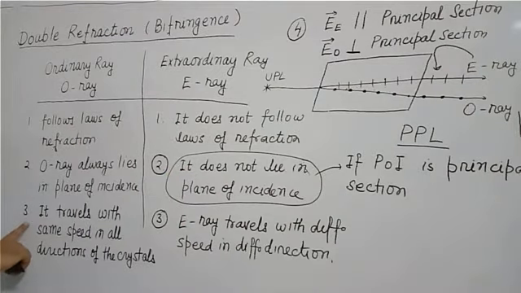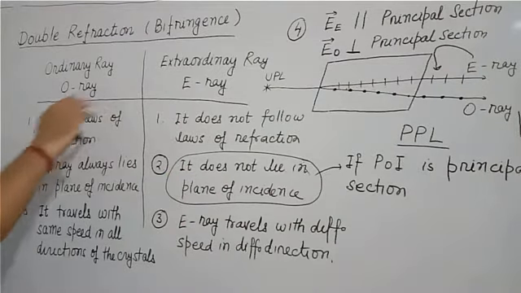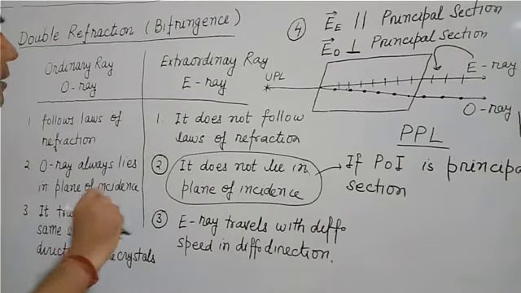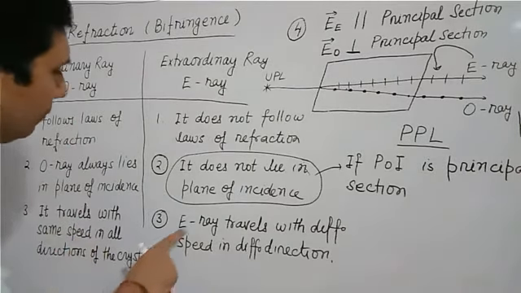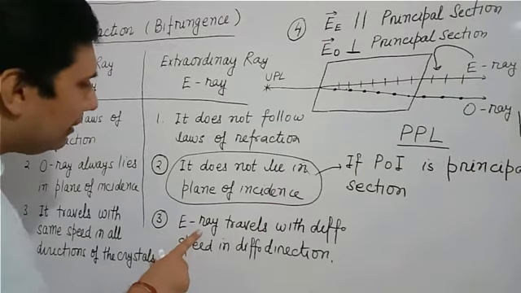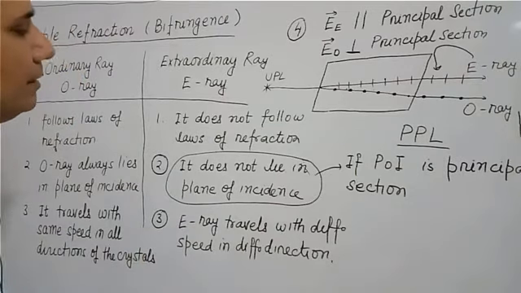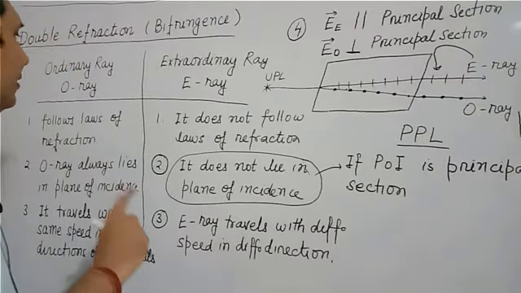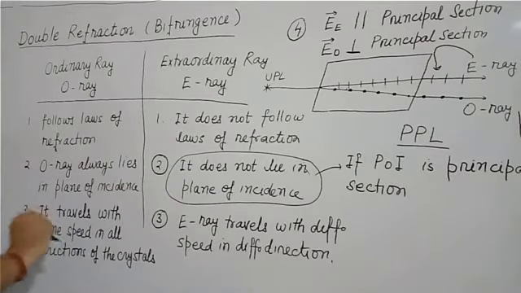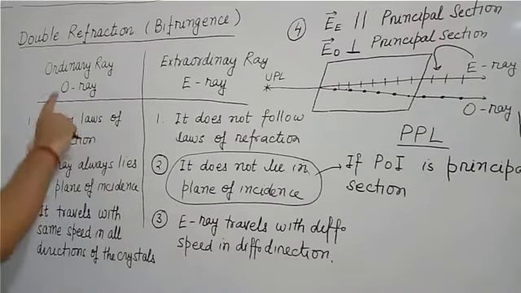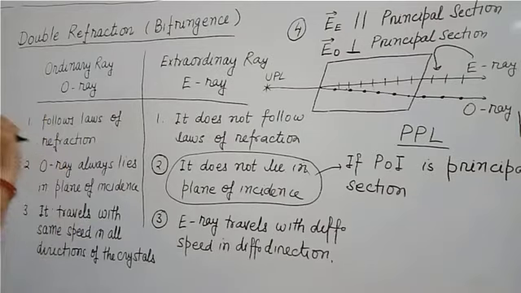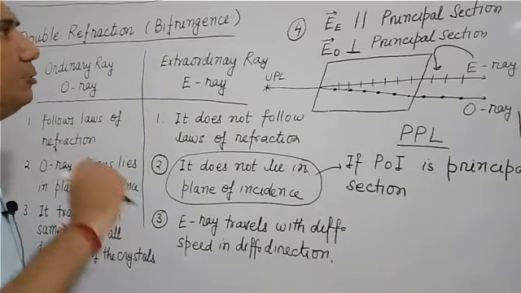Third important point is this: O ray will travel with the same speed in all possible directions, while E ray will travel with different speeds in different directions. But you have to remember that along the optic axis, both O ray and E ray will travel with the same speed. So optic axis is the direction in which both O ray as well as E ray will travel with the same speed.